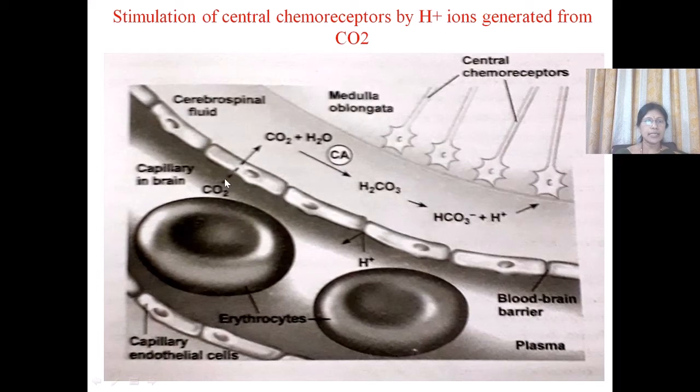Carbon dioxide can cross the blood-brain barrier and it enters the cerebrospinal fluid and reacts with the water and forms carbonic acid in the presence of carbonic anhydrase enzyme. Later, this carbonic acid dissociates to bicarbonate ions and H plus ions.